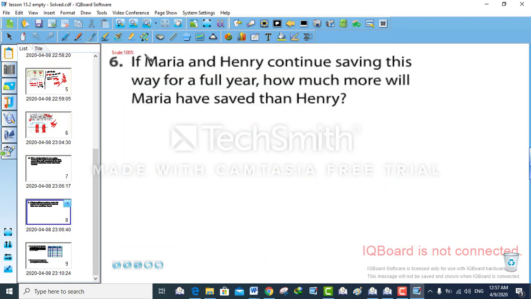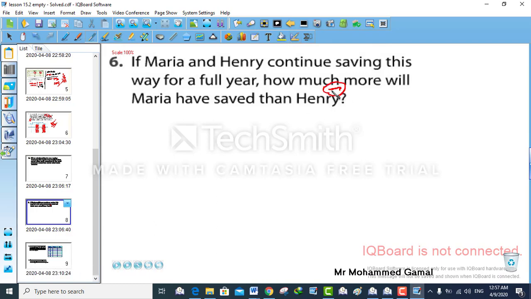Here, if Maria and Henry continue saving this way for a full year, how much more will Maria have saved than Henry? First of all, you have to know what money each one of them has, then to know how much more we should subtract.